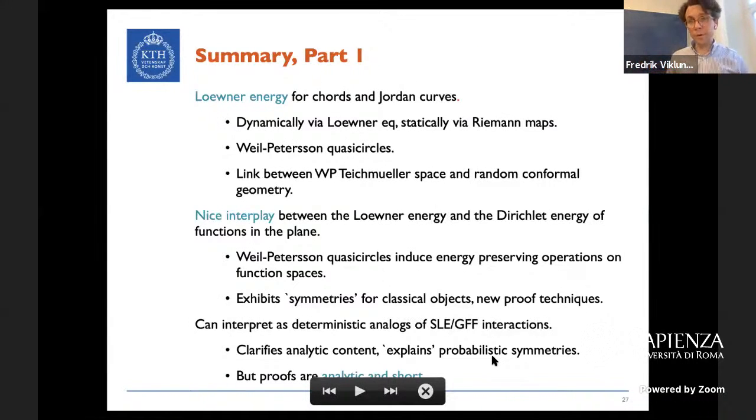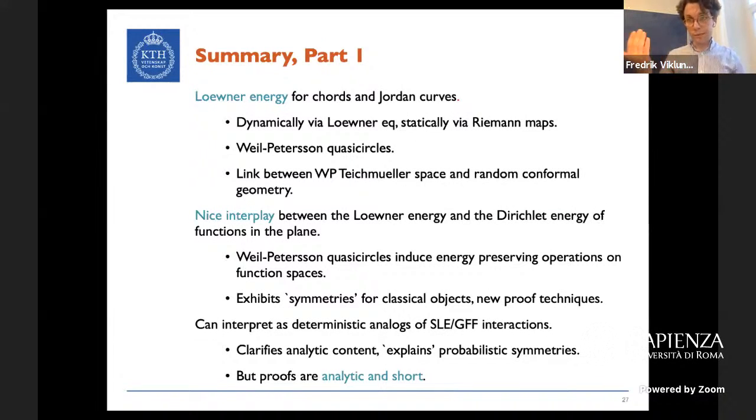Okay, so just as a summary, what happened during this first part? Well, I defined some background material from conformal geometry, the SLEs and the GFF. I also defined the Löwner energy for chords and for Jordan curves. That was both dynamically through the Löwner equation and then also statically through the Riemann maps.